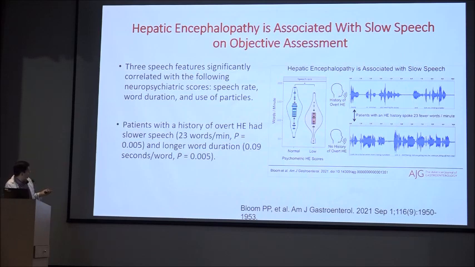So what they found out, anybody who has a history of overt hepatic encephalopathy had a slower speech and a longer word duration. So it also tells us that when we are taking a history of a patient, even a careful history can also tell us sometimes even minimal hepatic encephalopathy, and maybe in future applications which can actually diagnose HE based on certain smartphones can be used in this group of patients.